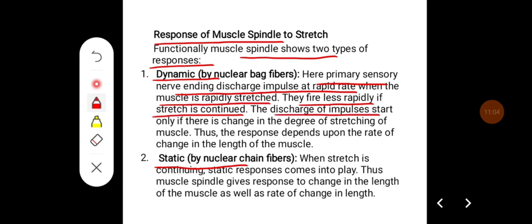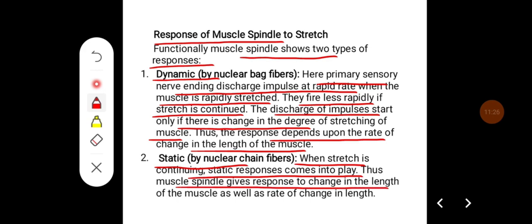The discharge of impulses starts only if there is a change in the degree of stretching of the muscle. Thus, the response depends on the rate of change in the length of the muscle. Whereas the static response is seen with nuclear chain fibers. When stretch is continuing, the static response comes into play. Thus, the muscle spindle gives a response to change in the length of the muscle as well as the rate of change in the length.